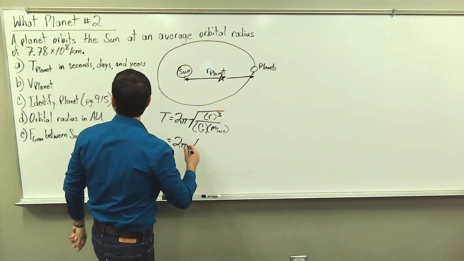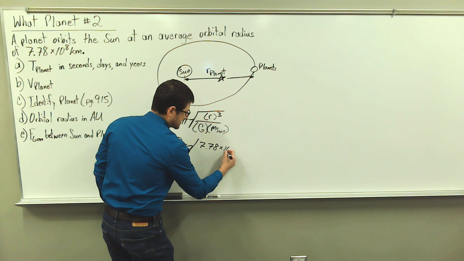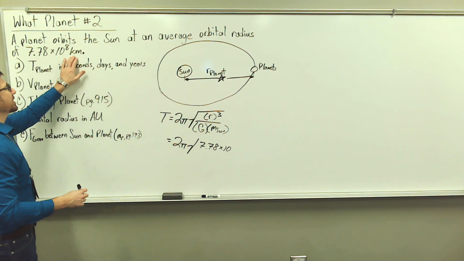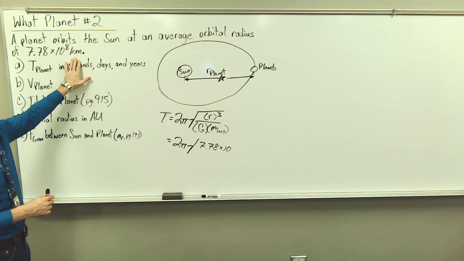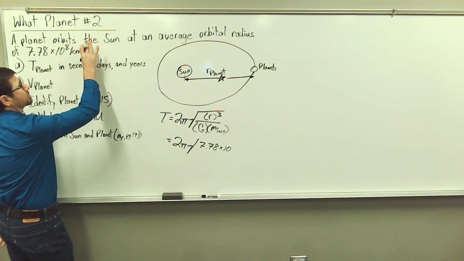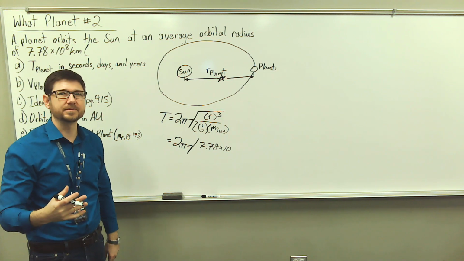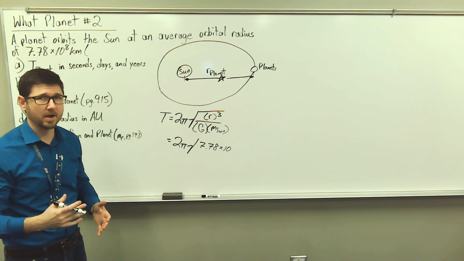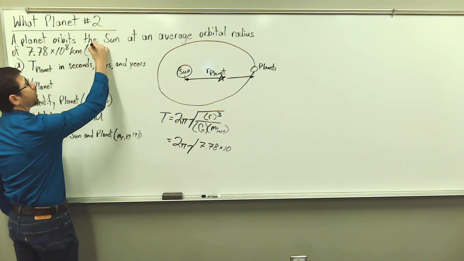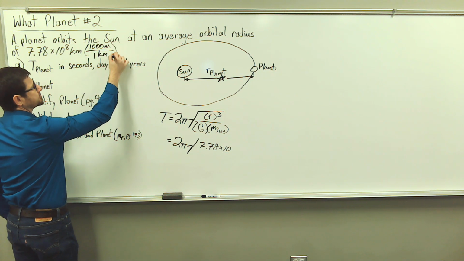So what we have is 7.78 times 10, and we know that there are 1,000 meters in every kilometer. So if we were to perform some dimensional analysis, we would multiply this by a ratio that would eliminate the units of kilometers. So we would say 1,000 meters divided by 1 kilometer.